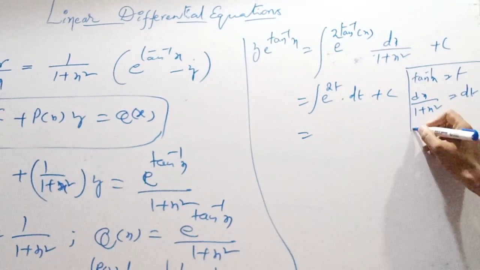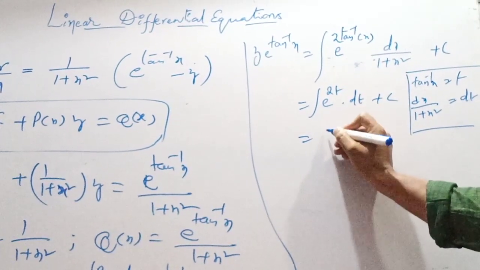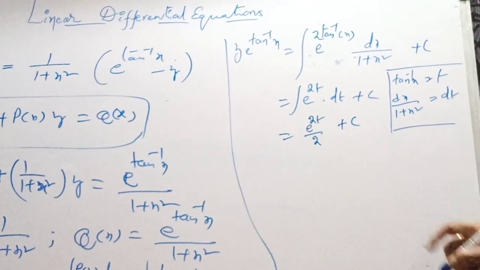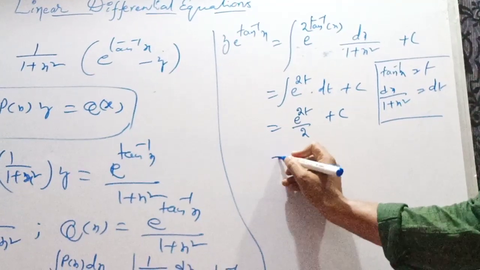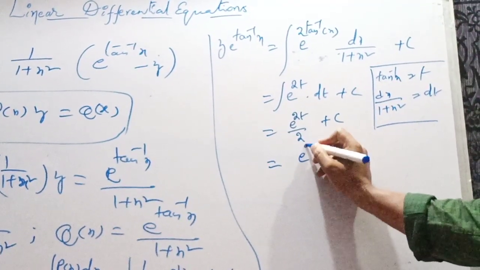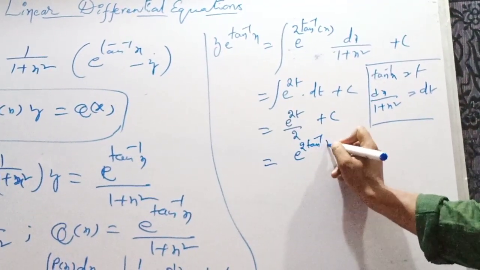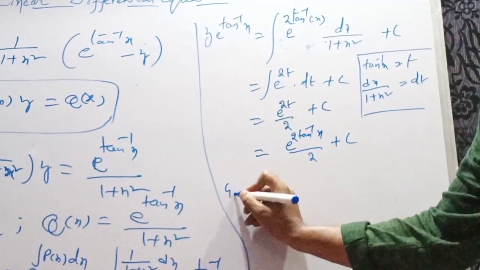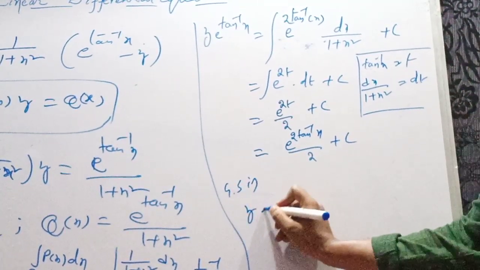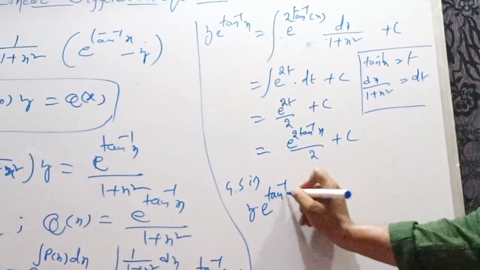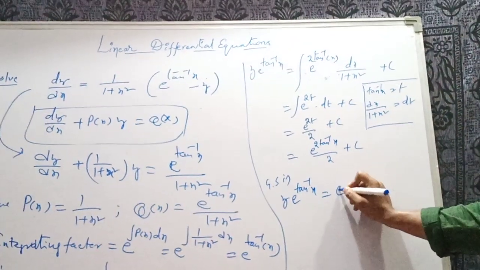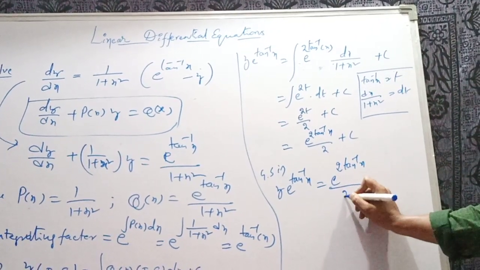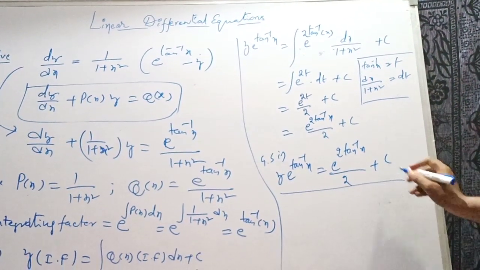The integration of e^(2t) is e^(2t)/2 plus constant c, but t is tan⁻¹x, so we rewrite it as e^(2tan⁻¹x)/2 + c. Therefore the required general solution is y·e^(tan⁻¹x) = e^(2tan⁻¹x)/2 + c.